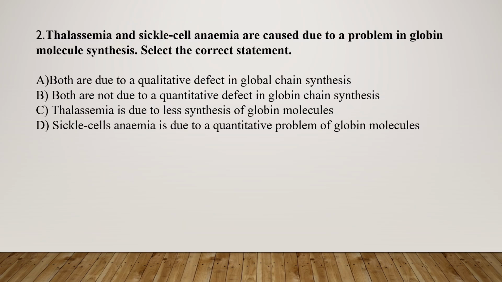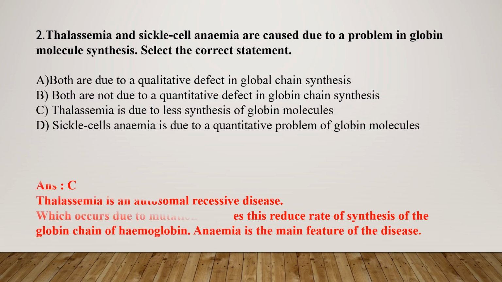Next question. Thalassemia and sickle cell anemia are caused due to a problem in globin molecule synthesis. Let us select the correct statement. Both are due to a qualitative defect in the globin chain. The answer is thalassemia is due to less synthesis of the globin molecule.